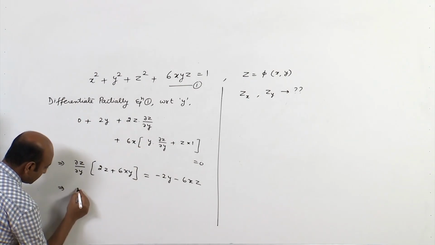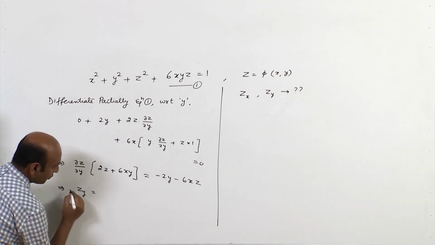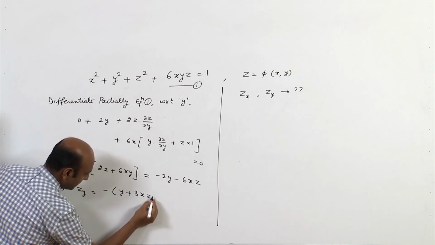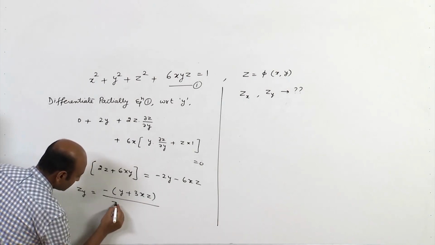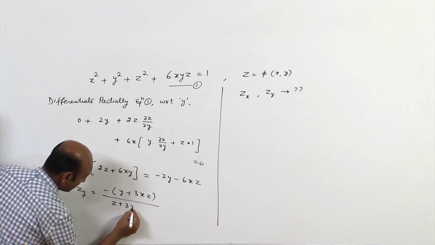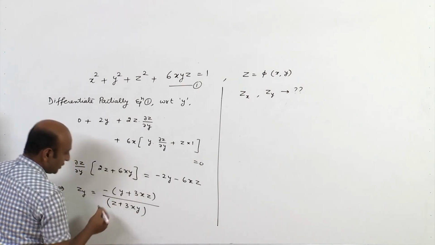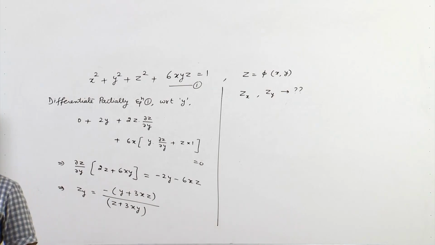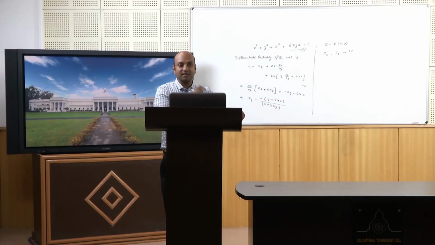So, this implies zy will be equal to minus y plus 3xz upon z plus 3xy. So, this is del z upon del y. So, that is how, if some implicit equations are given to us, we can easily compute del z upon del x or del z upon del y if z is a function of x and y.